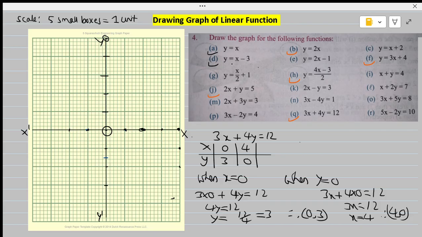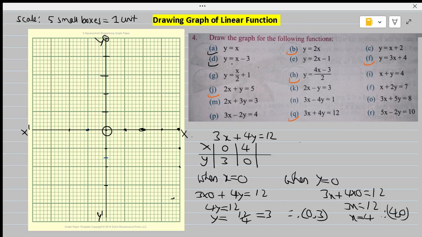If you keep a value of y, choose it so that it is divisible by 3, so that you get a whole number. And if you give a value of x, choose it so that the result is divisible by 4. I'm not going for that, so I'm just ending with these 2 points.